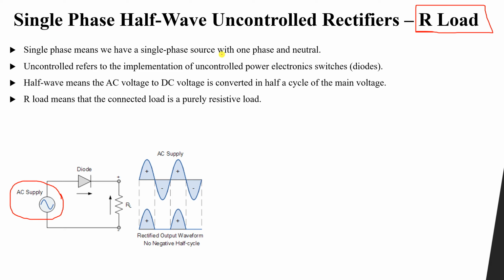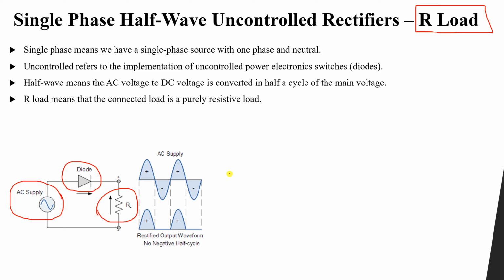Number two, uncontrolled: we have only one diode, a very simple circuit. Number three, R load: as you can see here, a purely resistive load. By using this circuit, you will be able to convert AC like this into a rectified output voltage. This voltage is the voltage across the resistance, which is positive only, with the negative part blocked.